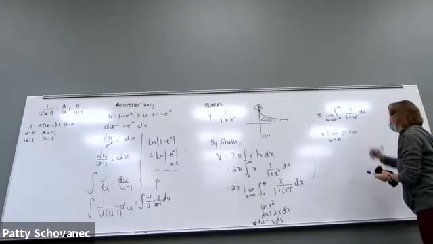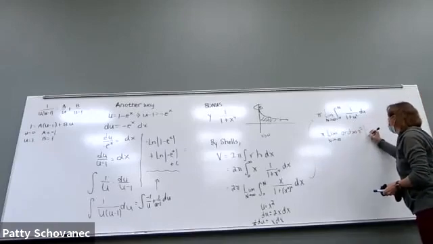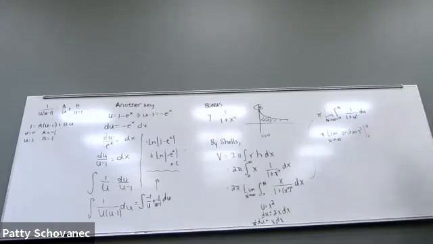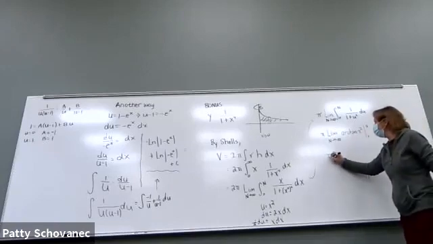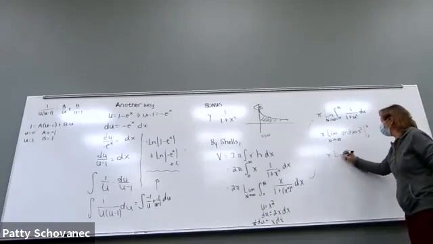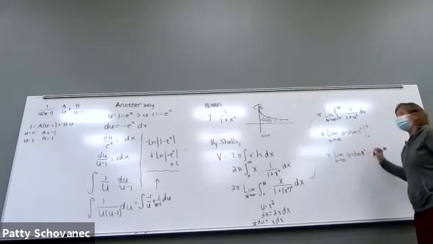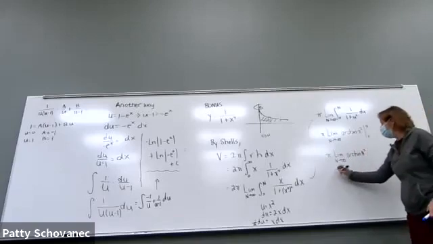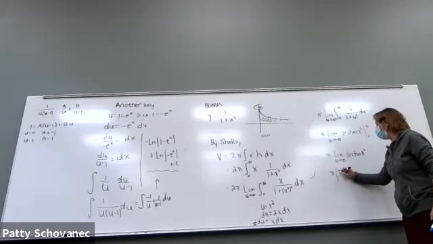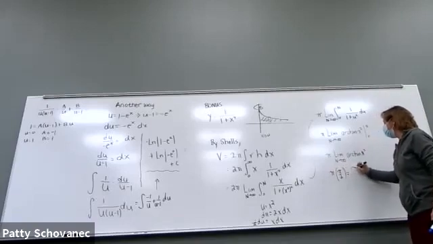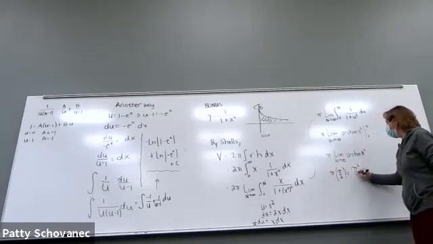So it's the arctangent of x squared from 0 to n. The arctangent of 0 is 0. So all I need to do is take the limit as n goes to infinity of the arctangent of n squared. And it's pi halves. So we have pi times pi halves, or pi squared over 2 cubic units of volume.